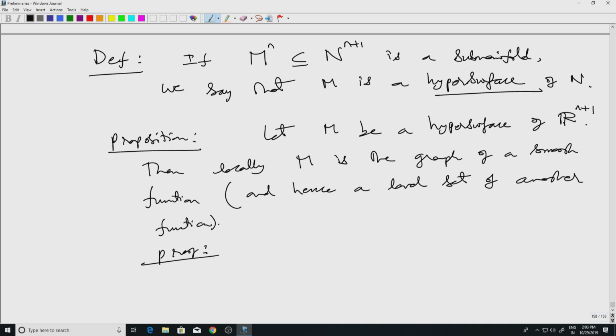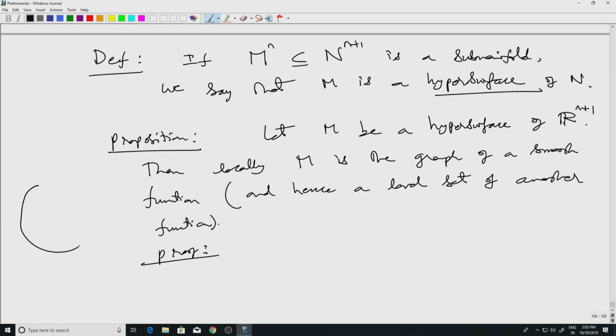When I say locally M is the graph of a smooth function, what I mean is that given a point P in M, I'd like to find an open set around P, and that portion of M is the graph of a smooth function. For instance, the case of the sphere is good enough.